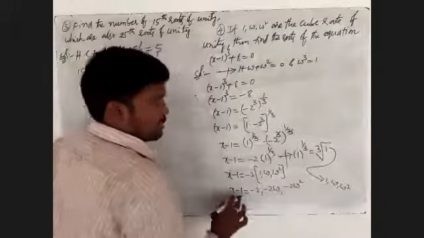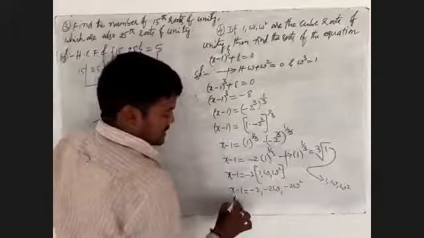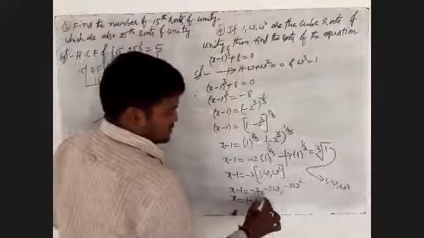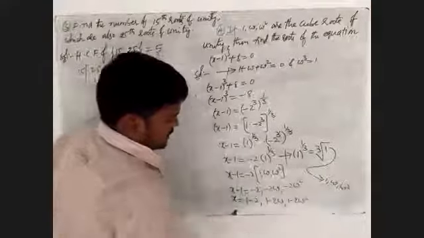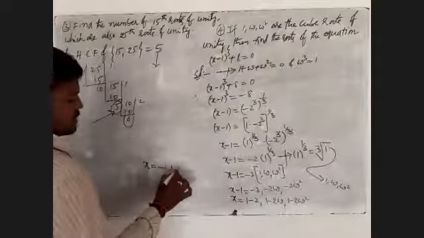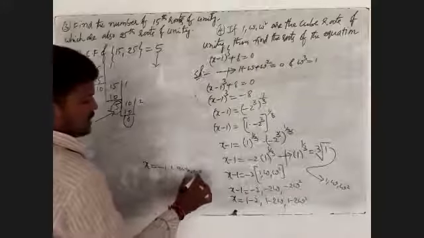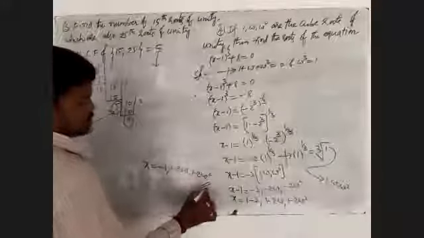Minus 1 goes to the other side, so x is equal to minus 1, 1 minus 2 omega, 1 minus 2 omega square.